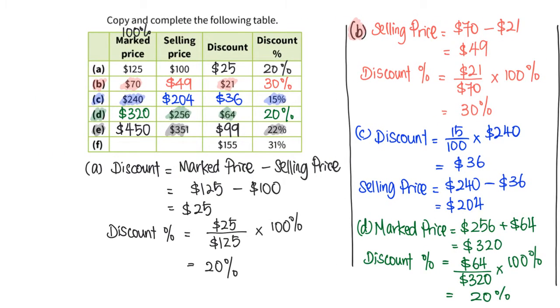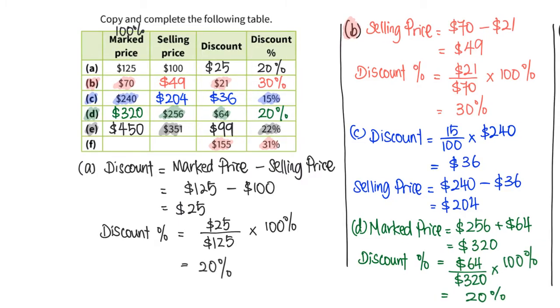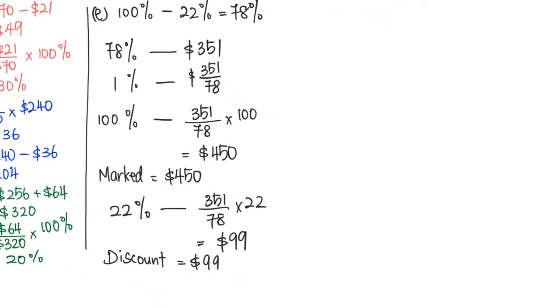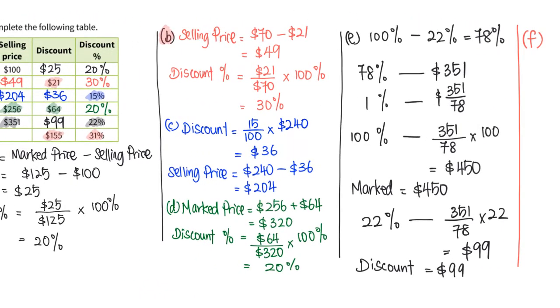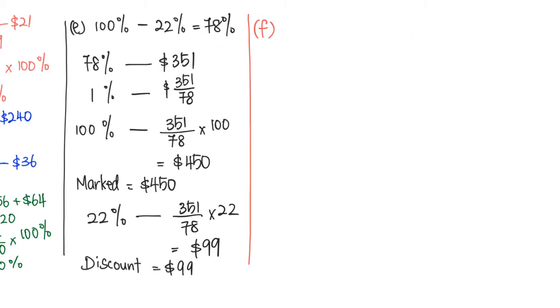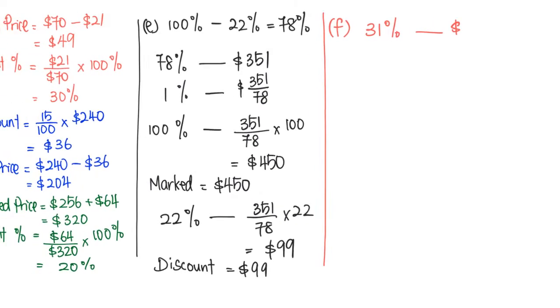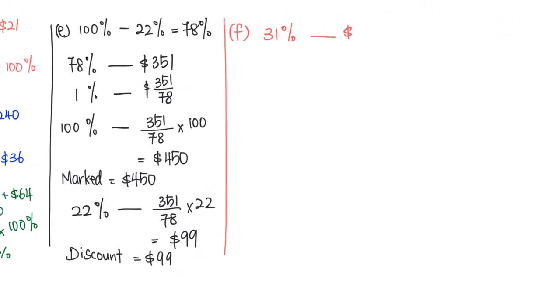Last but not least, we are given the discount and the percentage that is represented by it, 31%. So I'm going to find 100% again for part F. Pretty straightforward. 31% represents $155.